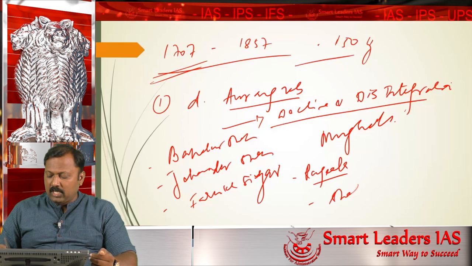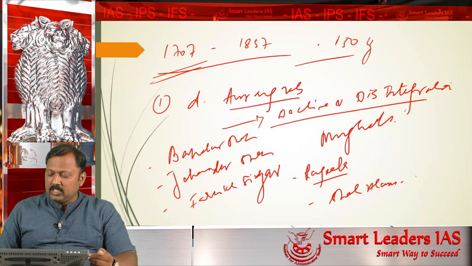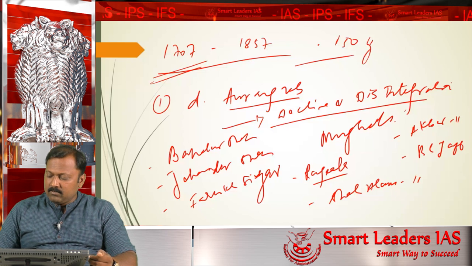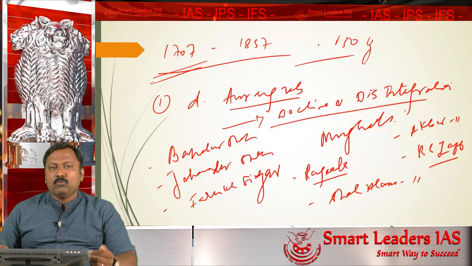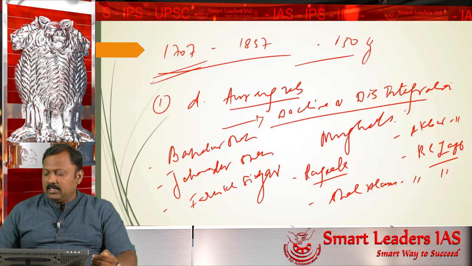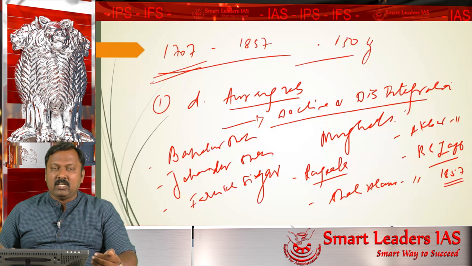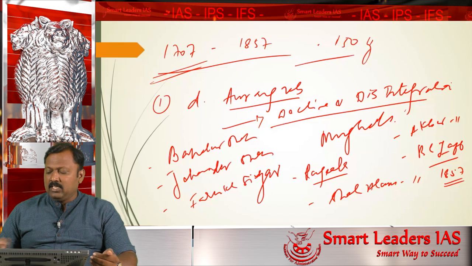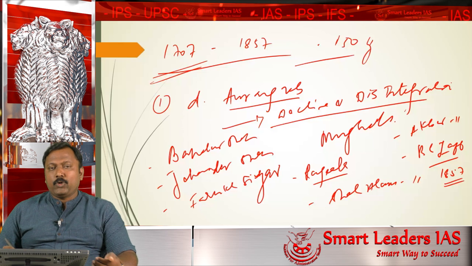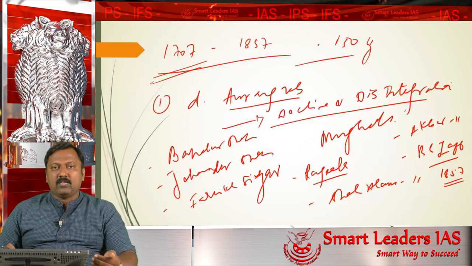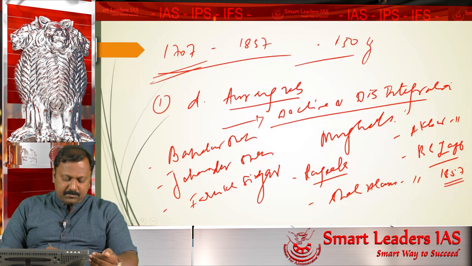Then we have Shah Alam II, then Akbar II, then Bahadur Shah Zafar, the last Mughal emperor in the chain, who was the emperor in 1857. After the revolt of 1857, Bahadur Shah Zafar was deported and imprisoned in Myanmar. So this is a small outline of the later Mughal emperors.